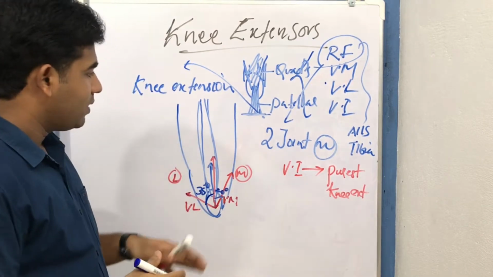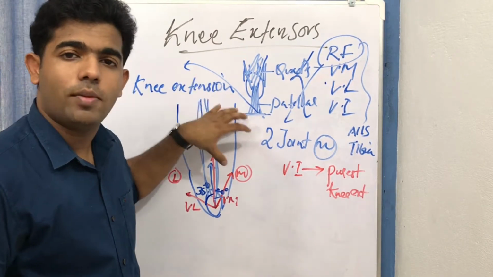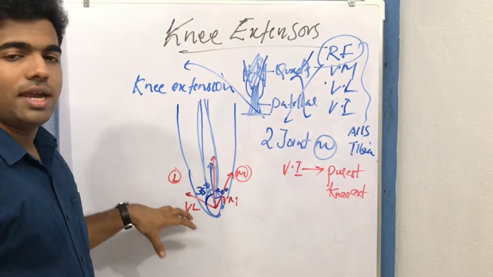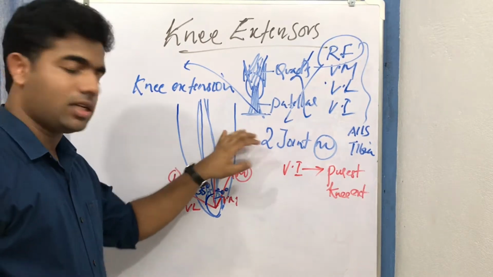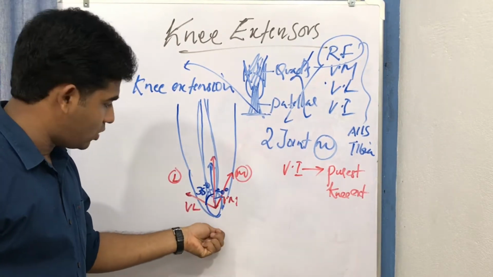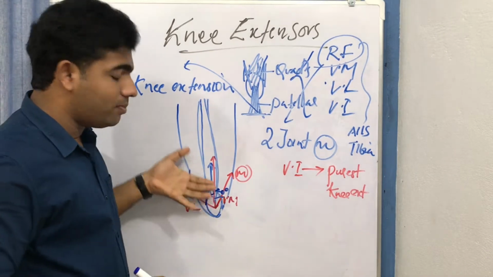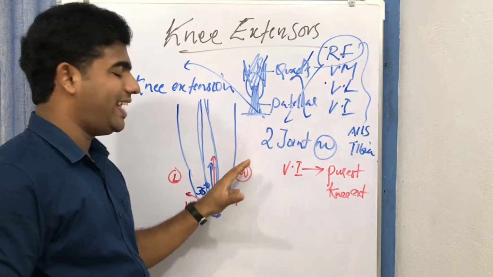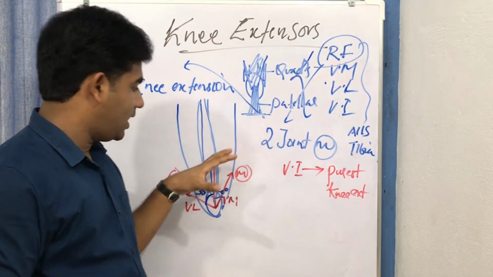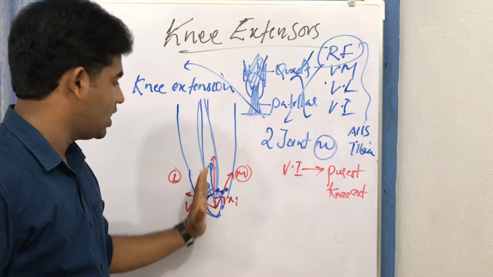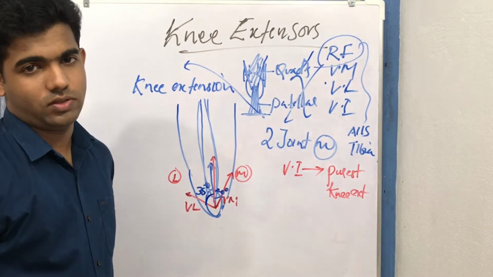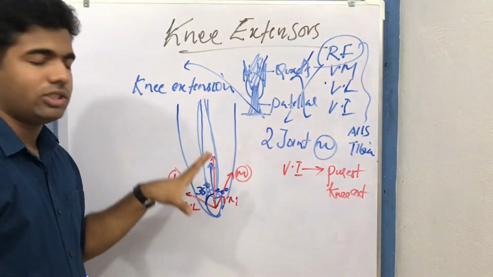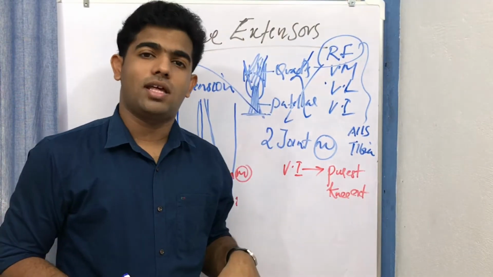So all these muscles serve the common function of knee extension, but the line of pull has some lateral and medial components. The line of pull of the vastus lateralis is 35 degrees away from the long axis of the femur, and the line of pull of the vastus medialis is about 40 degrees away, in the medial direction. And the purest knee extensor is the vastus intermedius because its line is parallel to the long axis of the femur.